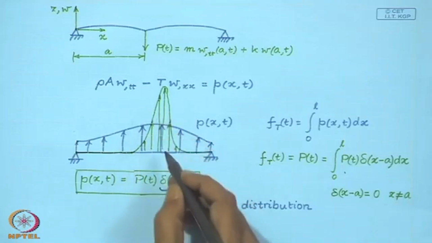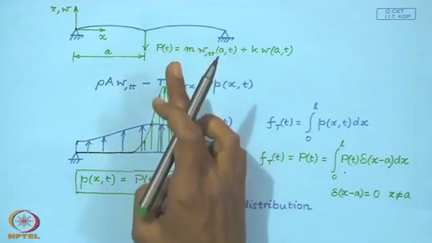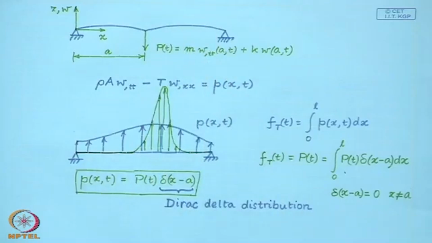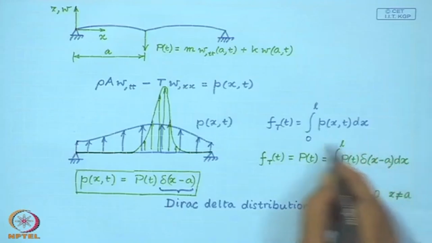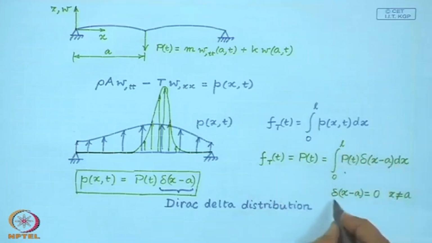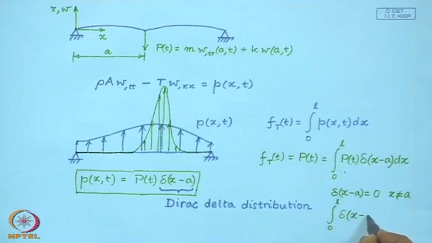And what happens at x equal to a, as you realize that this is going to blow up. So, we will not write that value, but what we are going to do is we are going to write from this integral a second property of this Dirac delta distribution, which is this. So, the integral under this distribution over the domain of the string is 1. So, the area under this distribution is 1.